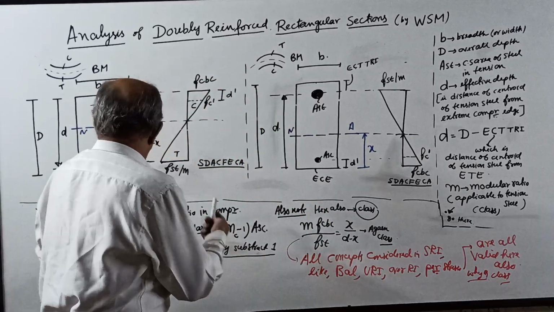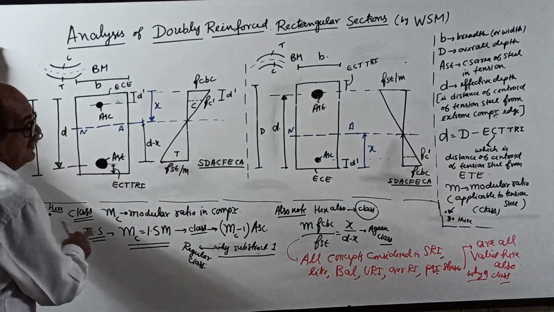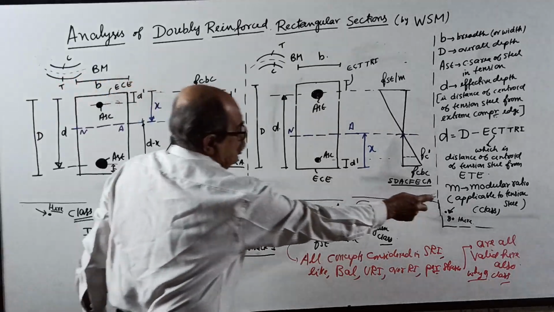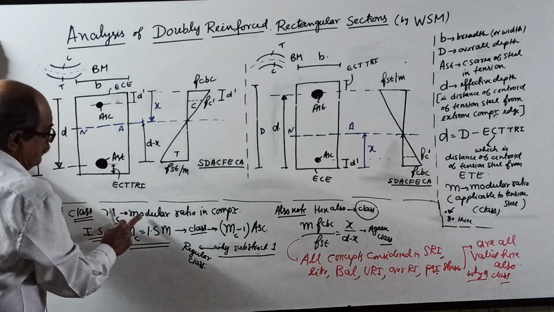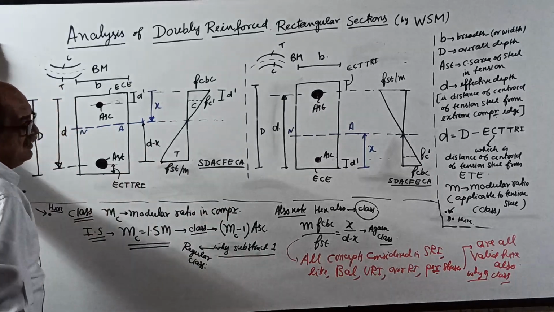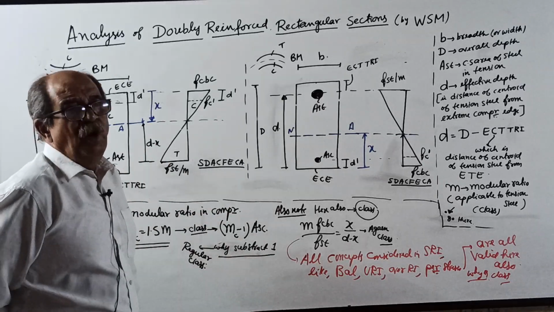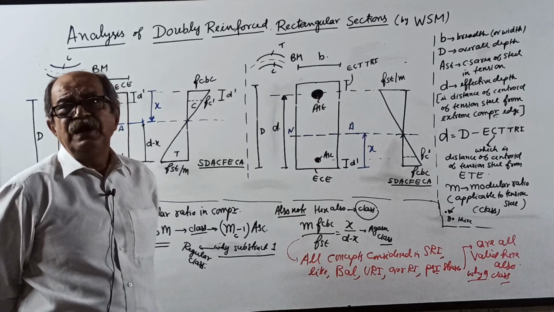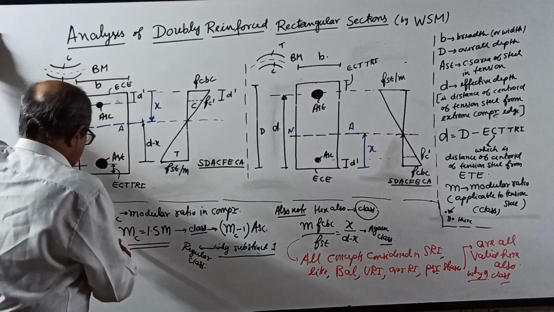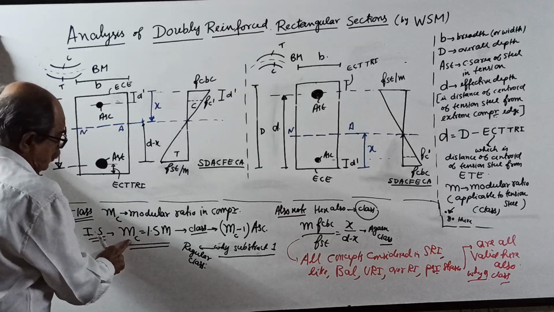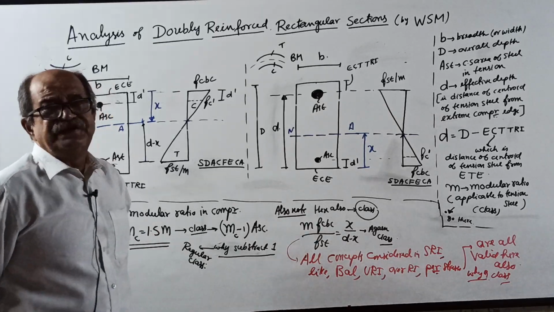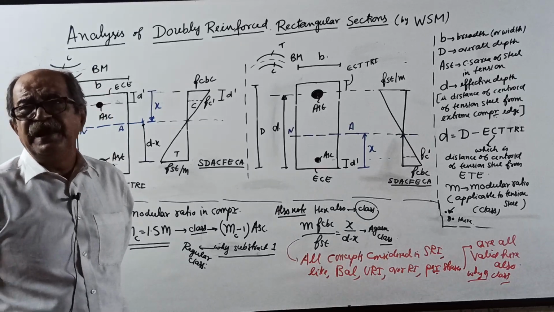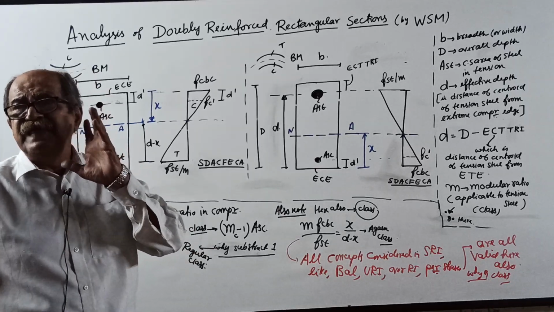Okay, then further, from there, not over, go here. MC is the modular ratio on the compression side. So now you require one more term called modular ratio on the compression side. As per IS code, MC equals 1.5 times M. So the IS code has given the modular ratio for the compression side as 50% more than that for the tension side.